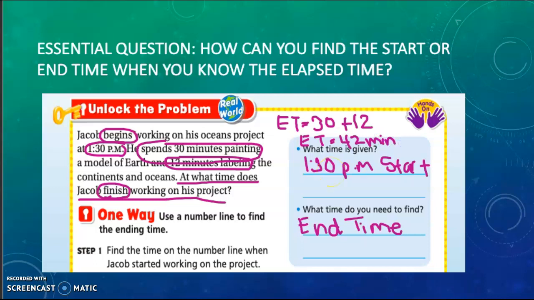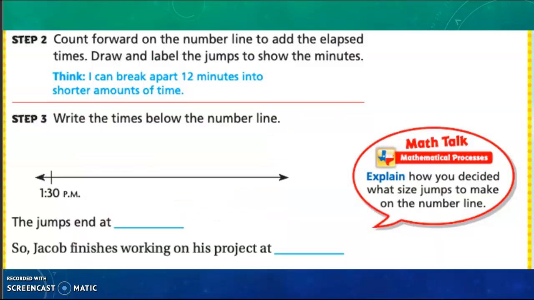So let's see how we can solve at what time did he finish by looking at a number line. So first here on a number line, we have the start time, 1:30. Here we're looking for the end time. We're not sure what the end time is. What we do know is that the ET, elapsed time, is going to be a total of 42 minutes.